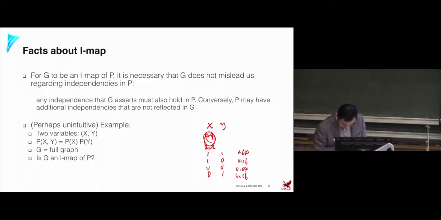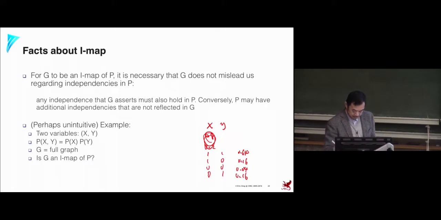I hope I'm doing this correctly. So this whole thing adds up to 1. Here I define a distribution, and looking at this, I ask you to say something about the joint distribution P of X and Y. What can you say?